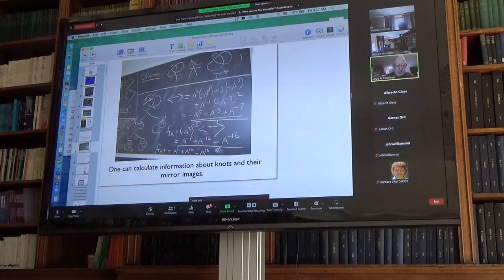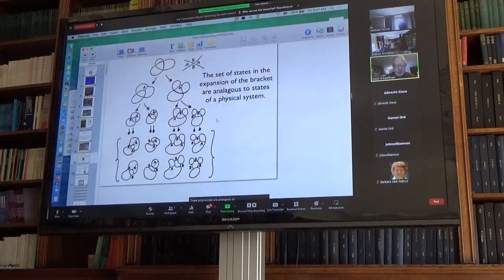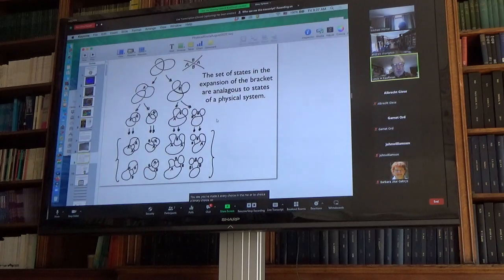These polynomials are analogous to statistical mechanics functions. You see, you've made at every choice in the knot a binary choice, smoothing it one way or re-smoothing it the other way. And so there is a power of 2 number of configurations, and one is summing over the contributions of all these configurations.